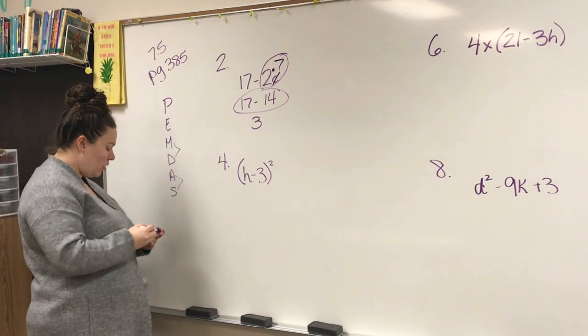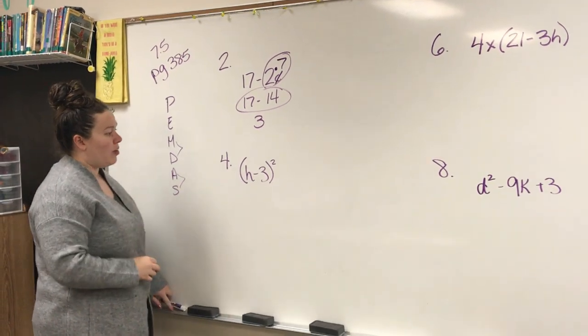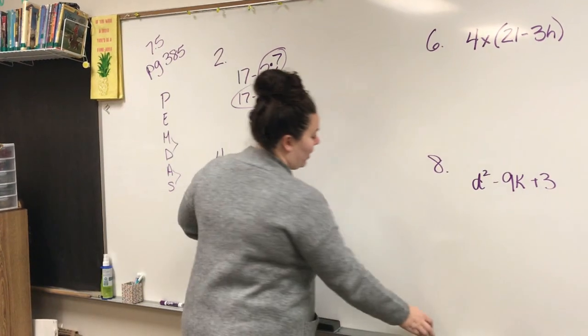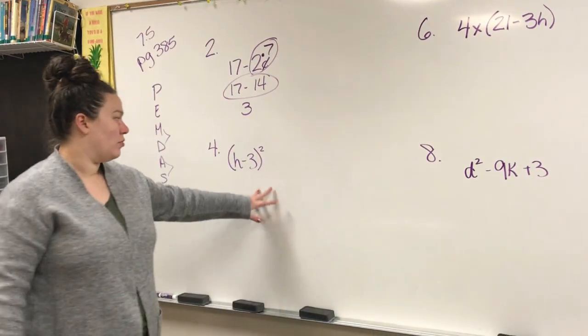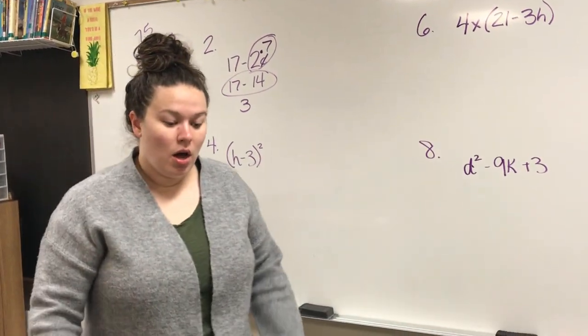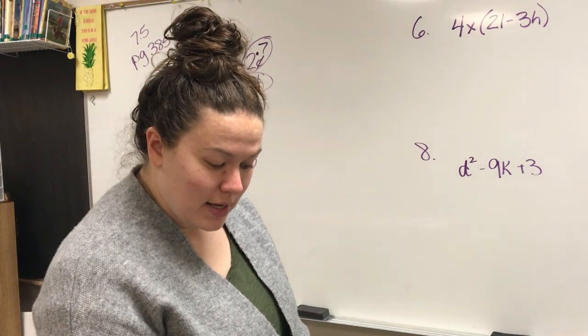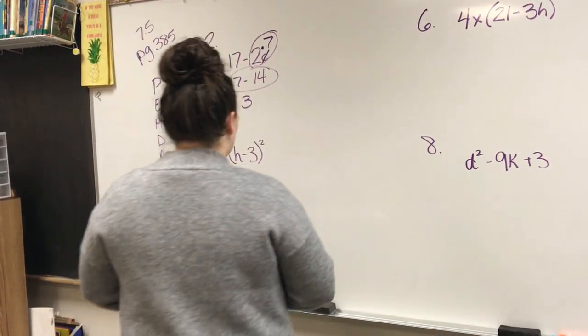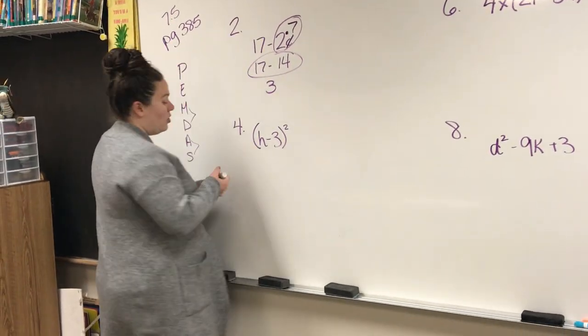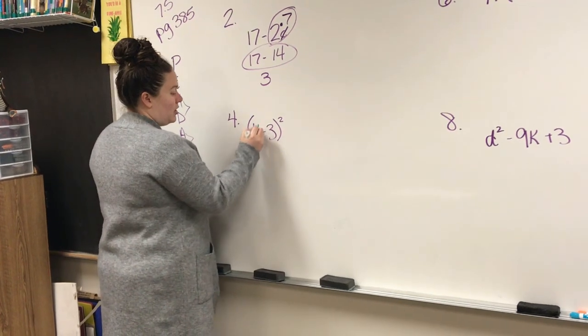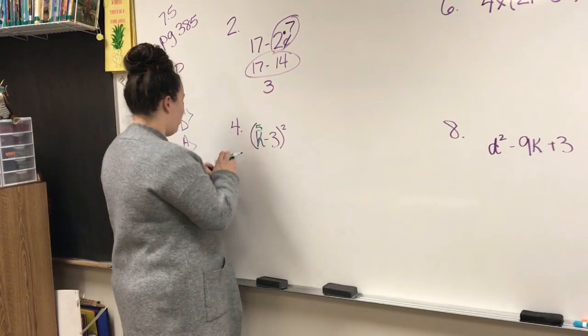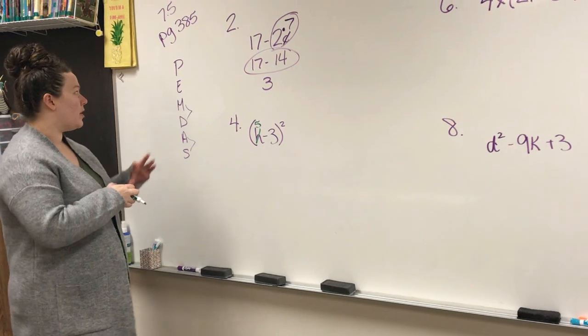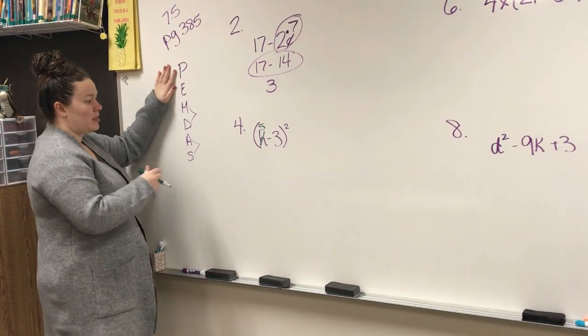I'll change colors. On number 4, we have h minus 3 squared. On number 4, it says that h is equal to the number 5. So I'm going to cross out this h, and I'm going to put a number 5, and then we're going to follow our order of operations. Do we have parentheses?